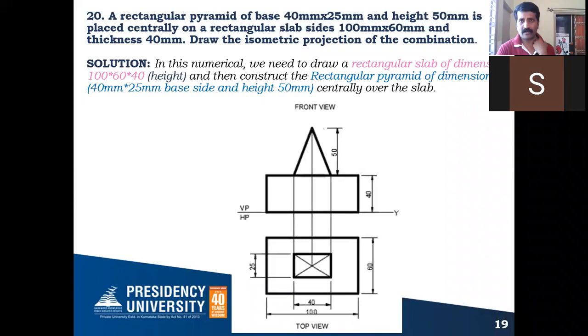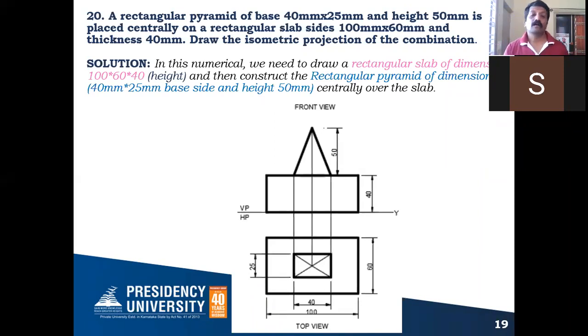You know how to draw the rectangular slab from the second example we have discussed, and you know how to draw the rectangular pyramid also. So we will see. The bottom solid is a rectangular slab of 100 by 60 millimeter and height is 40 millimeter. Above that, centrally a rectangular pyramid is placed, that is 40 millimeter by 25 millimeter side, and the height of the pyramid is 50 millimeter.